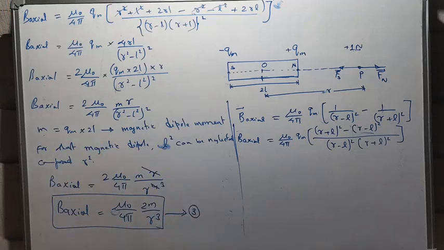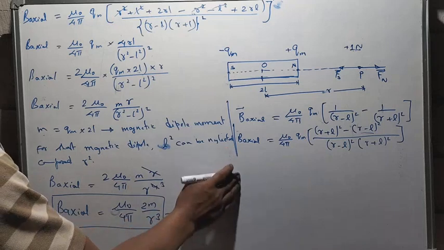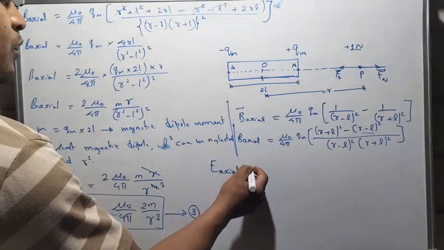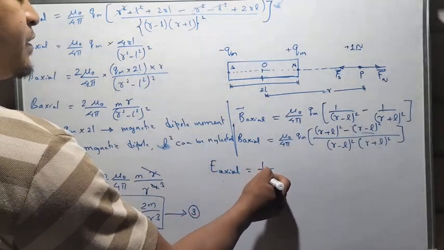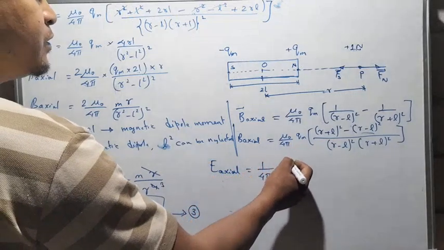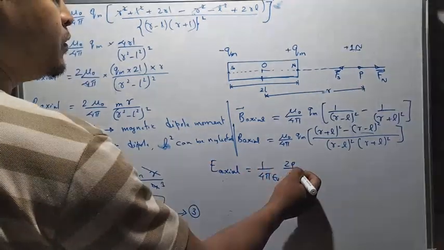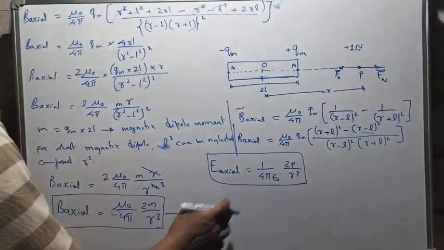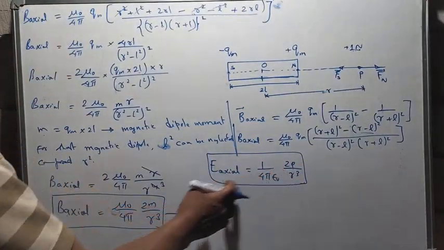I'll name this as equation number 3. Look, this equation is similar to the electric field at an axial point of an electric dipole, where we have this equation. In an electric dipole, the electric field at an axial point is equal to this much.